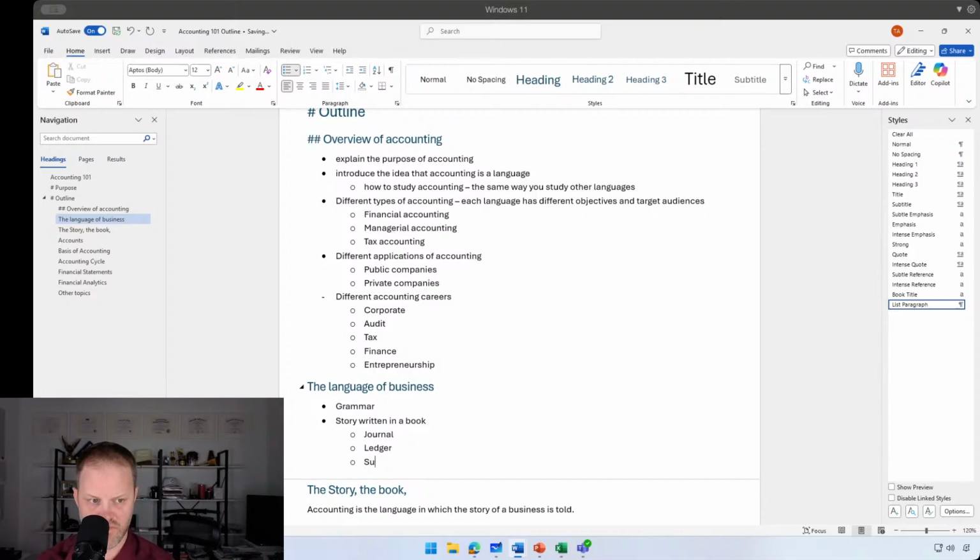There's a summary. Journal to capture or record in a journal. Compile into a ledger. Summarize into a trial balance.